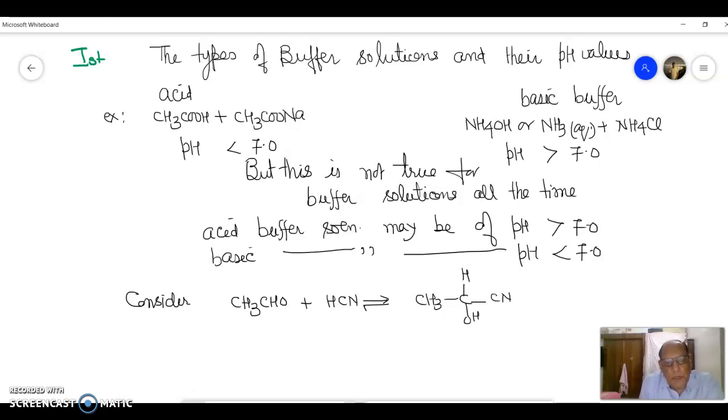The mechanism of the reaction is quite simple. Cyanide ion, that's a nucleophile, attacks the carbonyl group. Due to that, an alkoxide anion is formed, which takes a proton from water to form the cyanohydrin, and OH ion is made free.